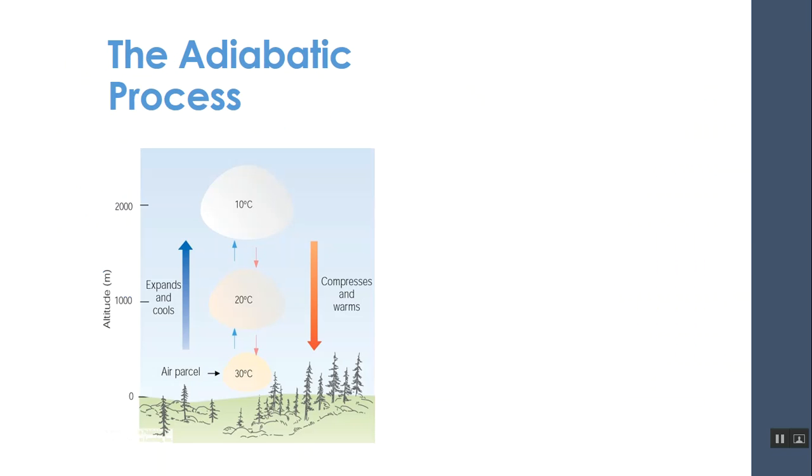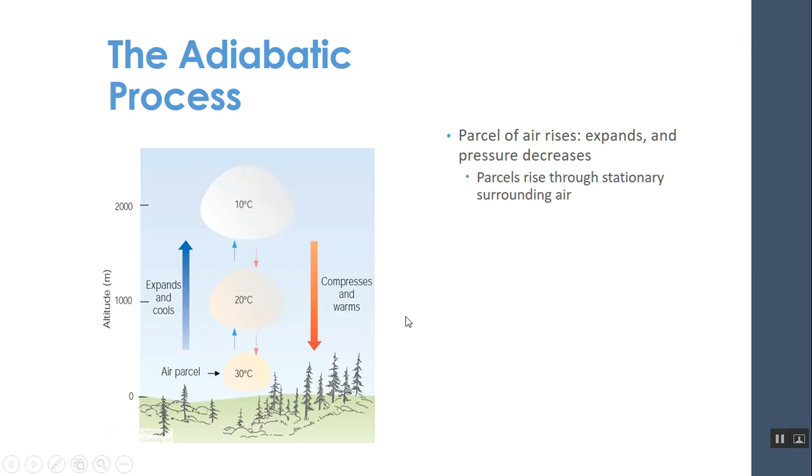The next thing we're going to talk about is the adiabatic process. We talked about this a little bit before. We'll touch upon it again a little bit later. But basically, as a parcel of air rises, it expands and cools, and the pressure decreases.